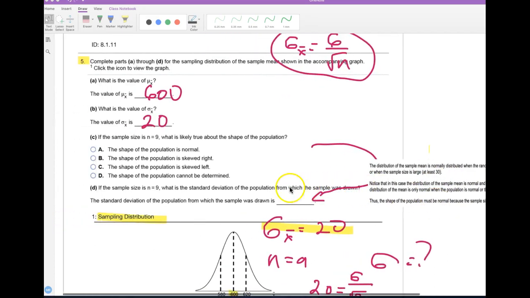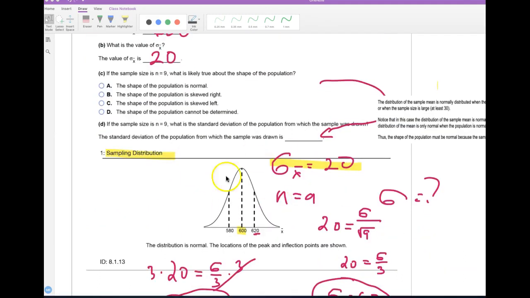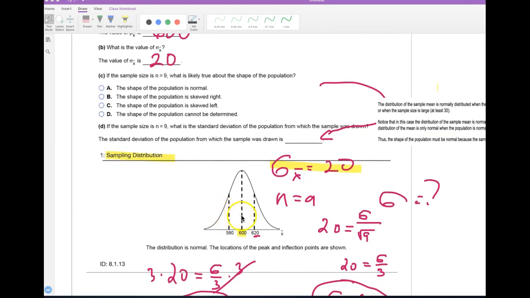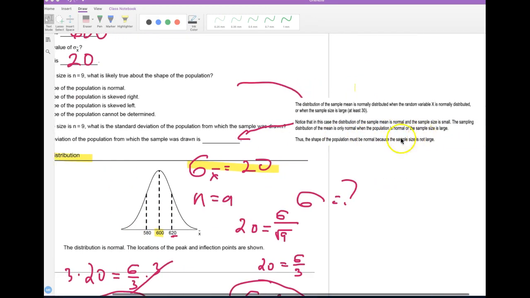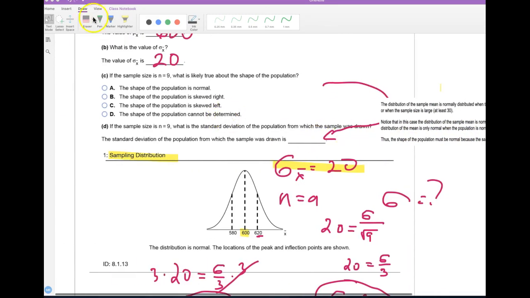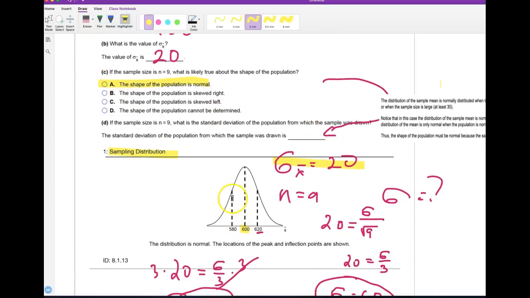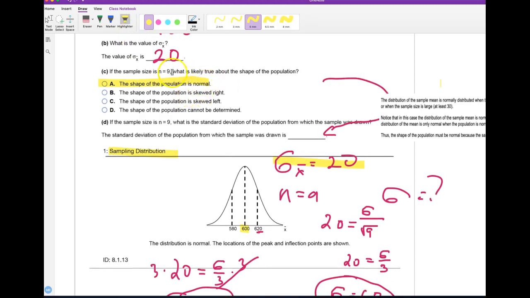But in this case, since we have a small sample size and our distribution is normal here, we should assume that the shape of the population must be normal also. So you could take a look at that explanation here, and we would have that answer right here. The shape is normal. Since the distribution is normal, the population would be normal, especially because of a small sample size.